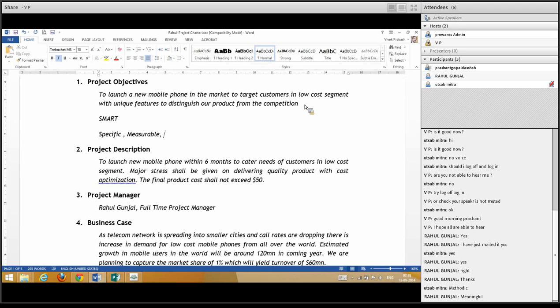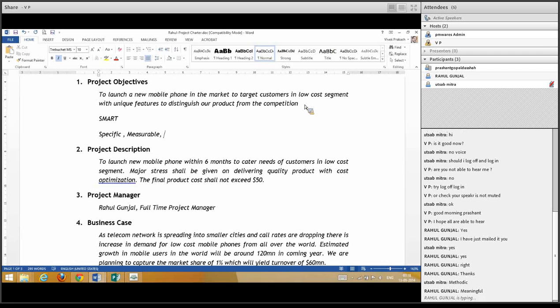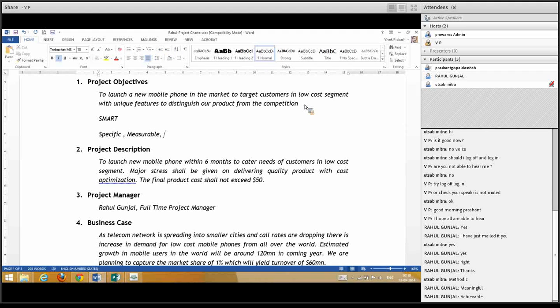Rahul, I think you prepared such a fantastic charter. I think you will be able to guess it. Achievable? Actually, many people do say achievable, but actually A doesn't stand for achievable.